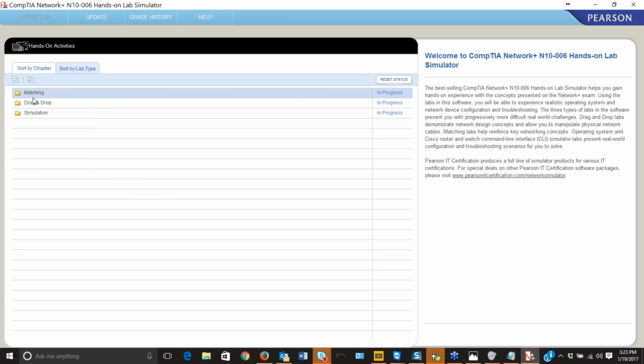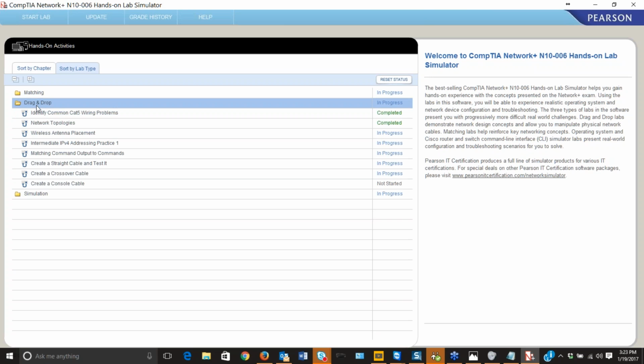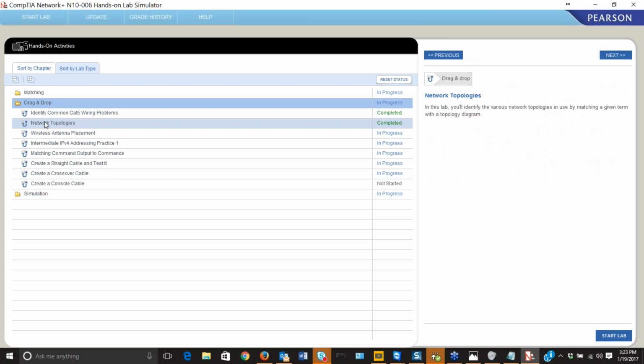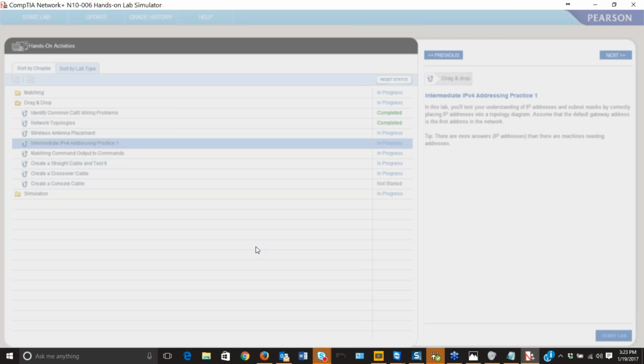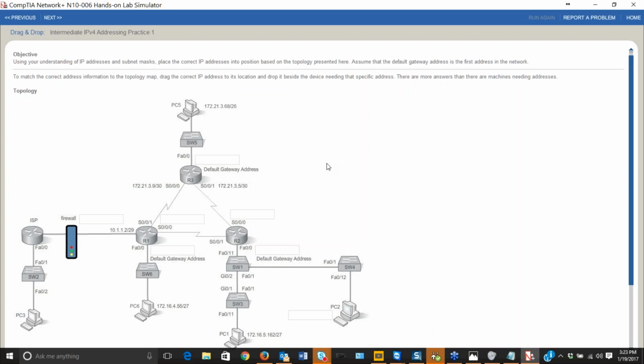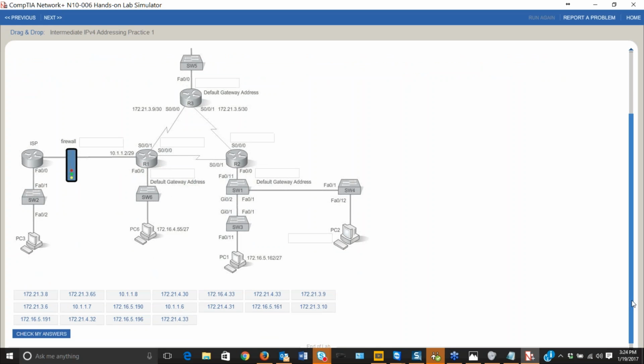Instead of by chapter, sort by lab type, drag and drop. Then it's intermediate IPv4 addressing practice 1, the fourth one. Yep. Take it away, Jason. Well, fair enough. Where's 65? There it is. Stick that one in there.